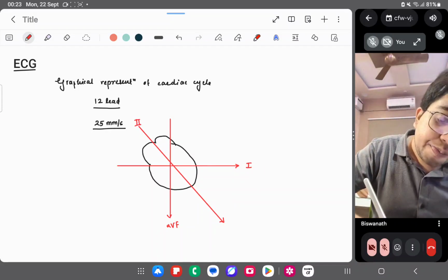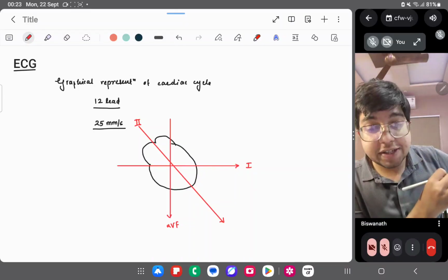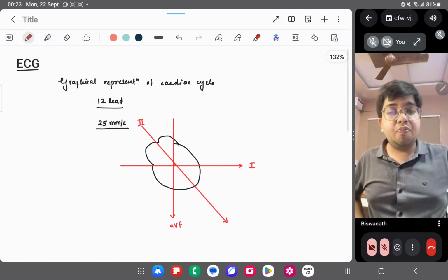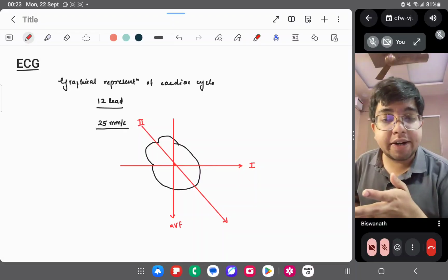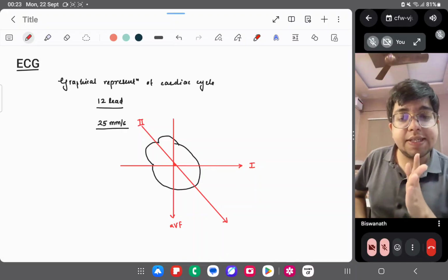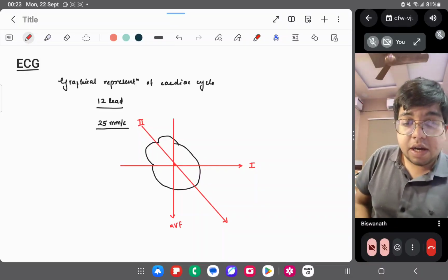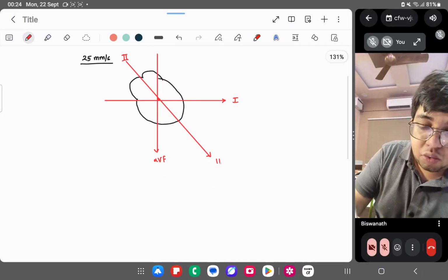That's why you commonly use lead number two as your reference in most cases. This is the direction of lead number two. Let me write two here.